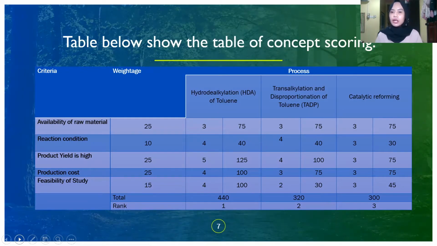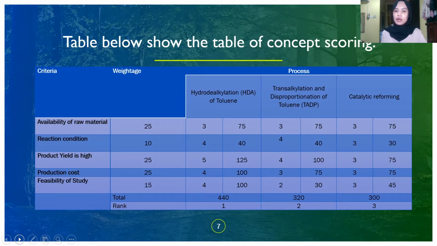As you can see here, the 3 processes are listed here, which are hydrodealkylation of toluene, transalkylation and disproportionation of toluene, and lastly catalytic reforming. Here you can see that HDA was scored 3, and ADP and catalytic reforming are also scored 3.